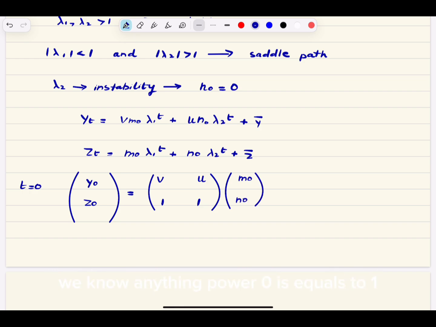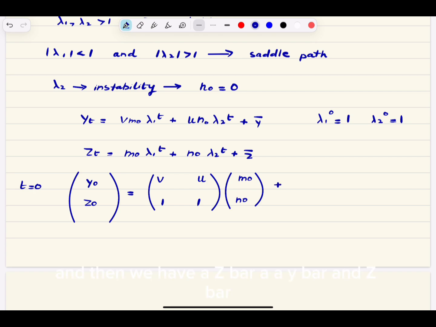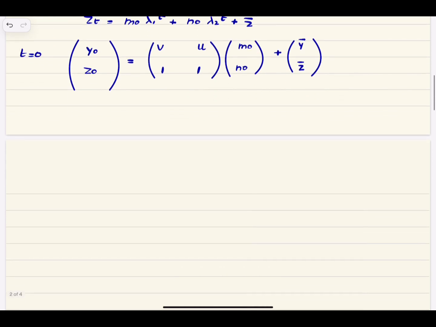We know anything power 0 is equal to 1, so lambda 1 power 0 is equal to 1, and lambda 2 power 0 is equal to 1. So therefore we're just left with this. Okay, and then we have y bar and z bar. Remember, I want to find the value of these two, and I want to impose the restriction of n naught being equal to 0.